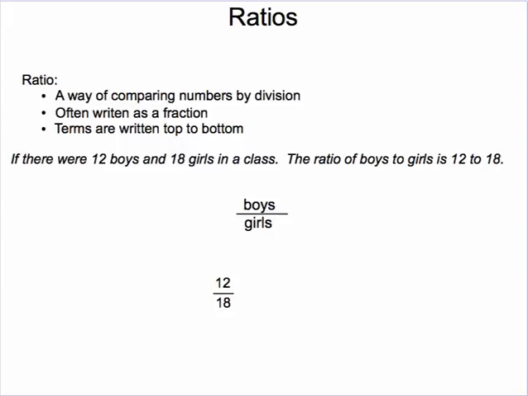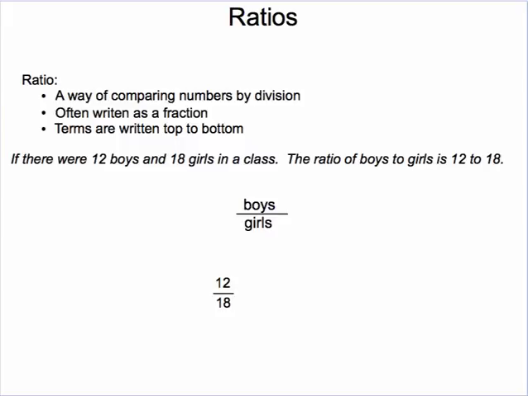The next thing we need to do is 12 eighteenths needs to be reduced. So I think about all of my factors of 12. So I know that I can divide 1 and 12, 2 and 6, 3 and 4, and 18, I can divide 1 and 18, 2 and 9, 3 and 6.